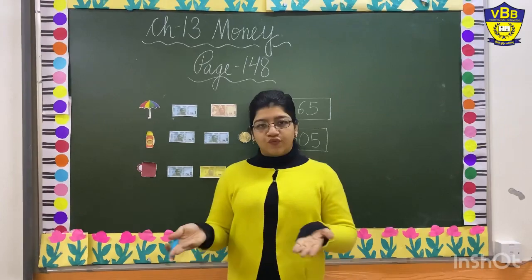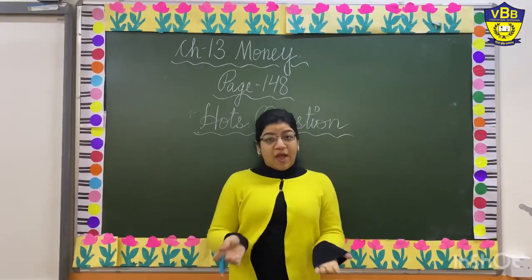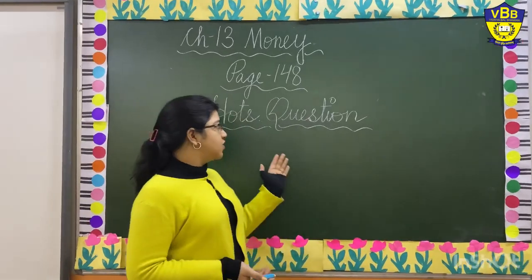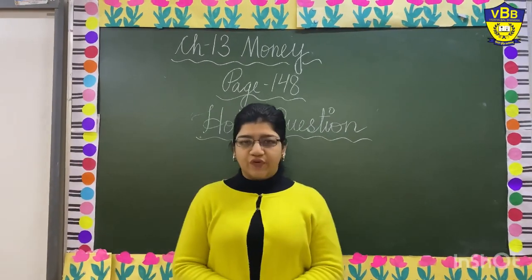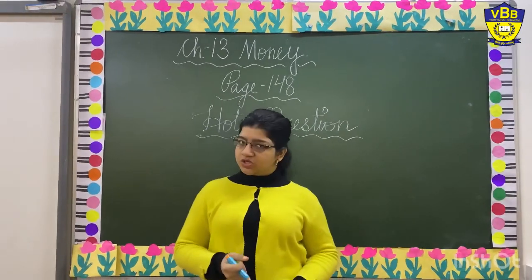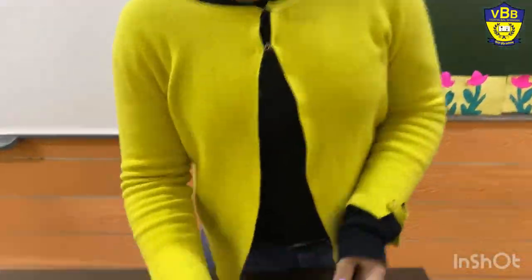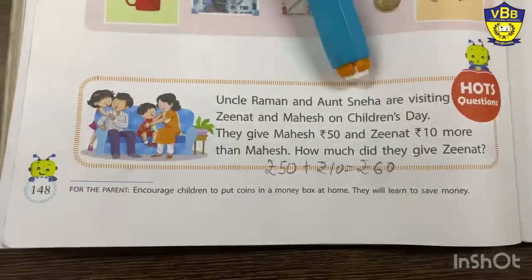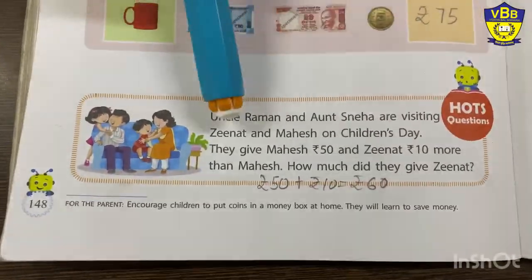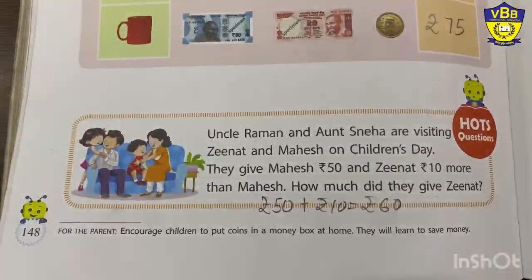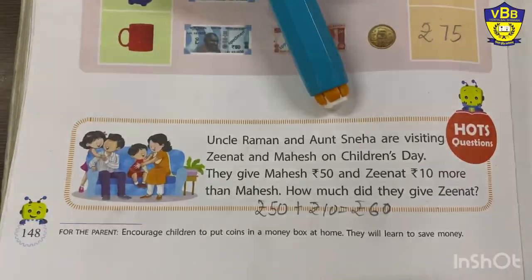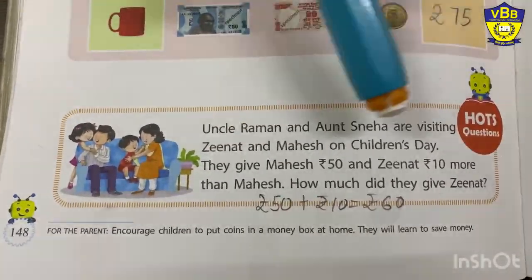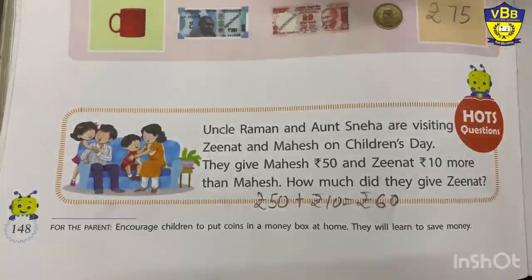Now let's move to the HOTS question. I hope you have completed the life skills part. Now let's move to the HOTS question on page number 148. Read the question with me. Uncle Raman and Aunt Sneha are visiting Zeenath and Mahesh on Children's Day.